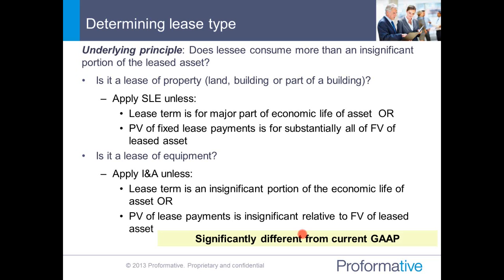This is a significant change. It means that to have an equipment lease treated like an operating lease for P&L purposes, the lease term could only be about 10% of the useful life of the asset, or the PV of the rents could only be about 10% of the fair value of the asset. And as I said, this is significantly different.